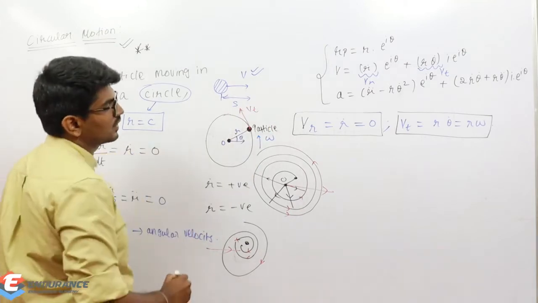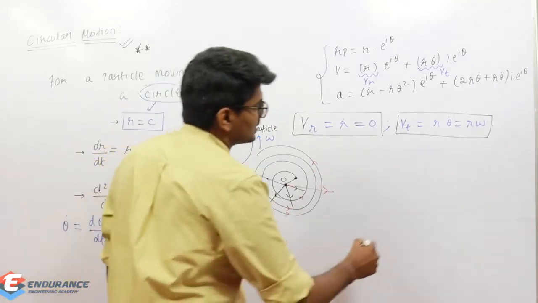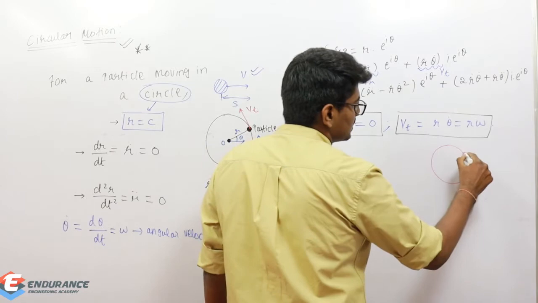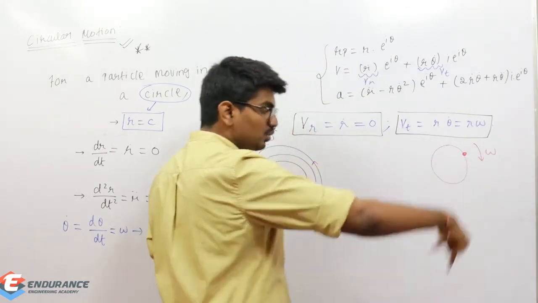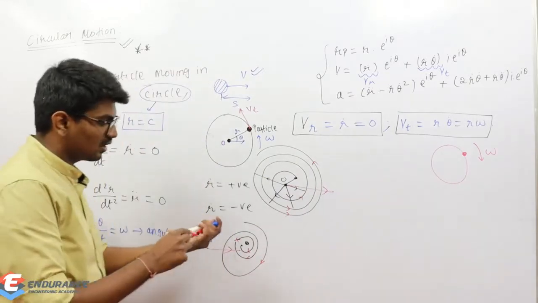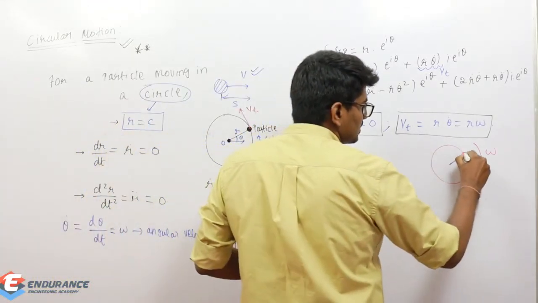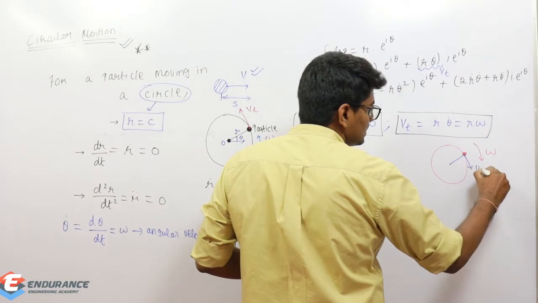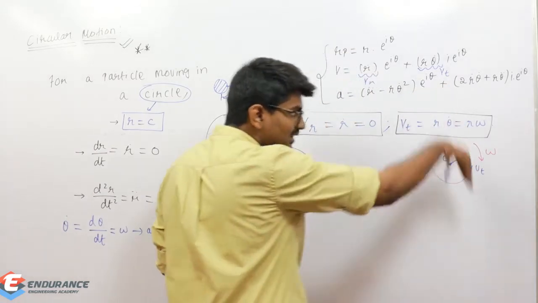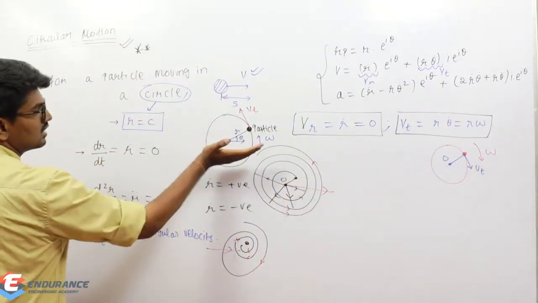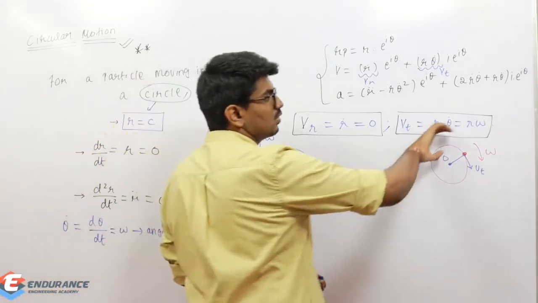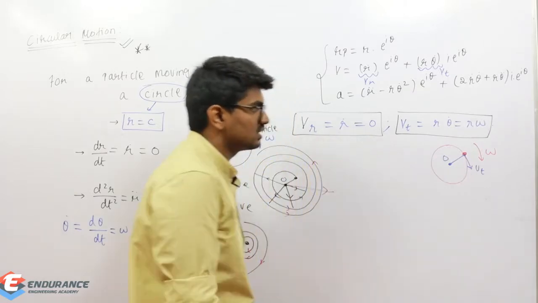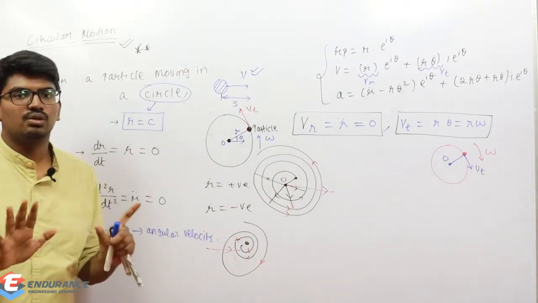At the same time, if the particle is moving in a clockwise direction, then my tangential velocity will be in that direction. So if the particle is moving counterclockwise, tangential velocity will be like this. If it is moving clockwise, tangential velocity will be like this. I hope it is clear.